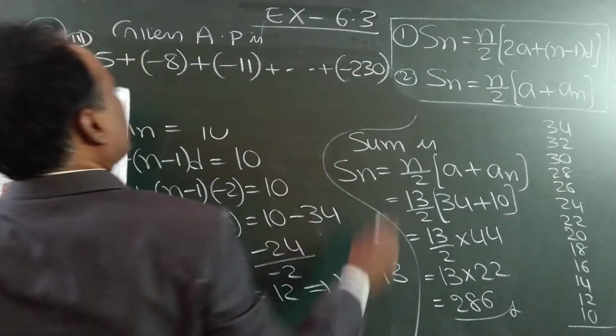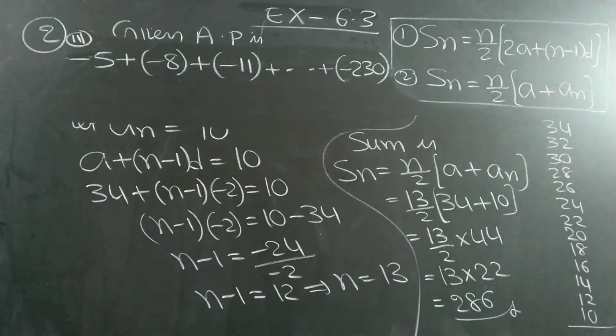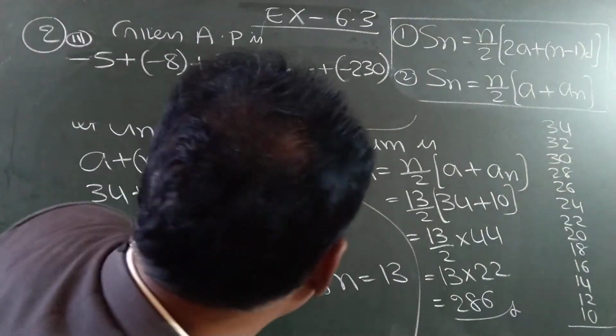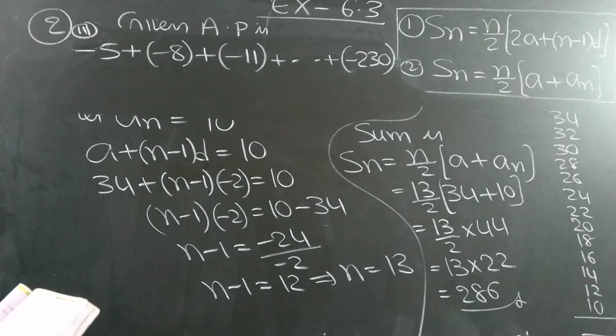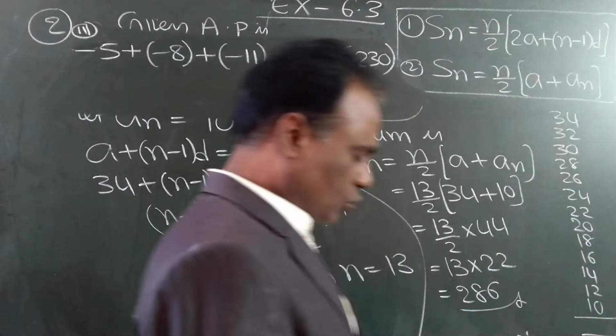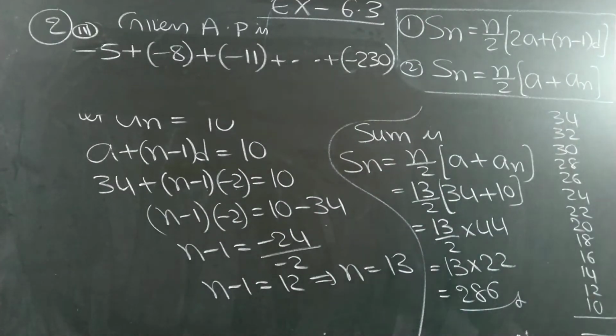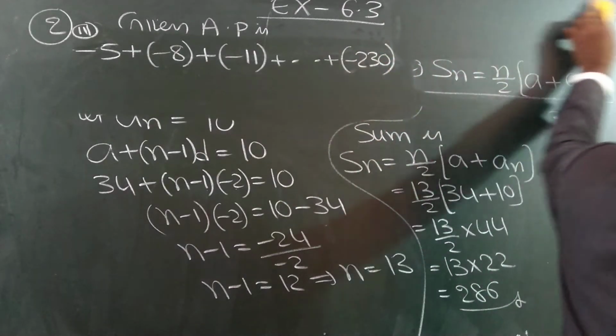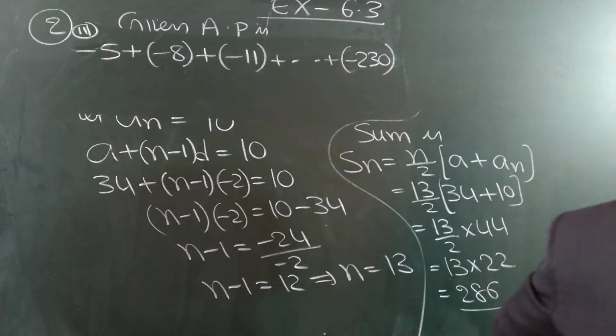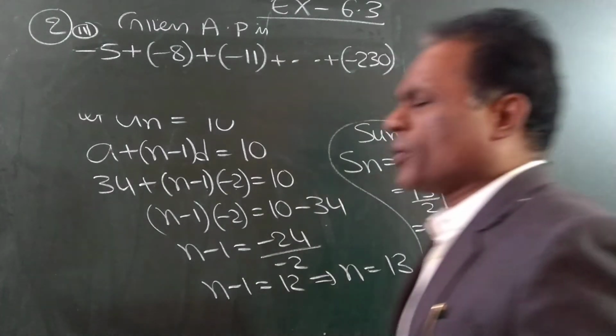Write the question from the textbook: minus 5, minus 8, minus 11, and so on, minus 230. Find the sum. Same procedure, do it.